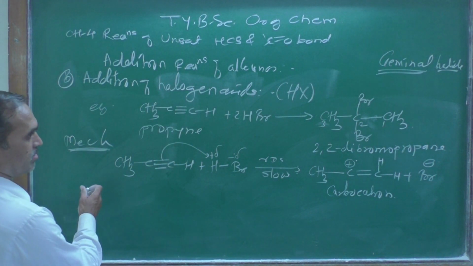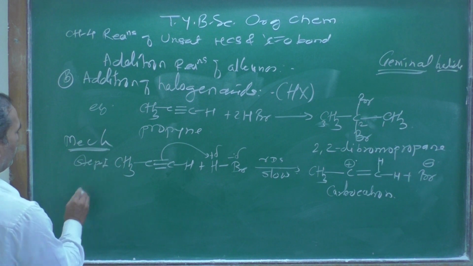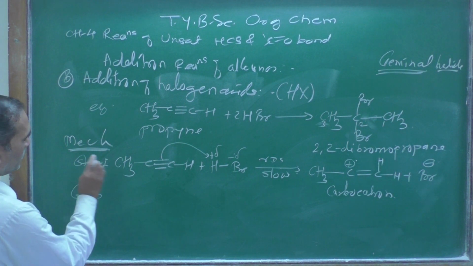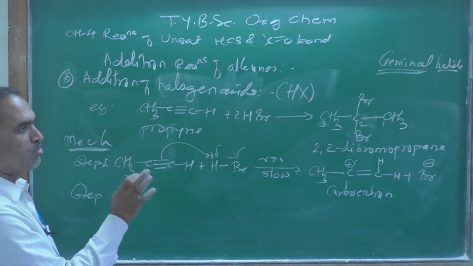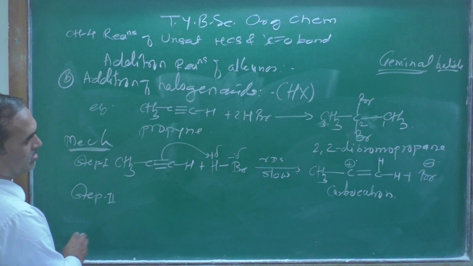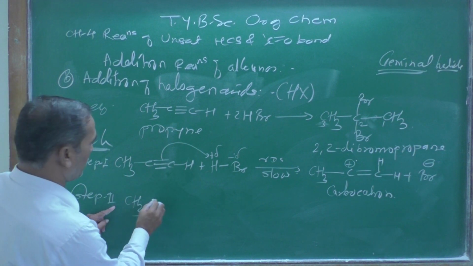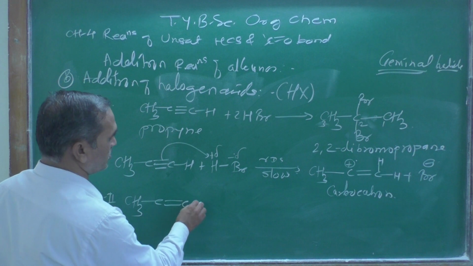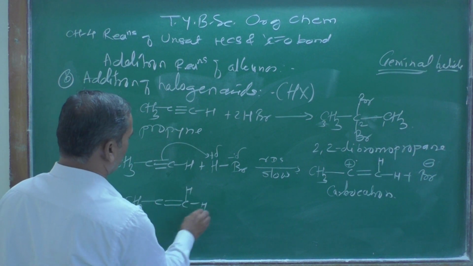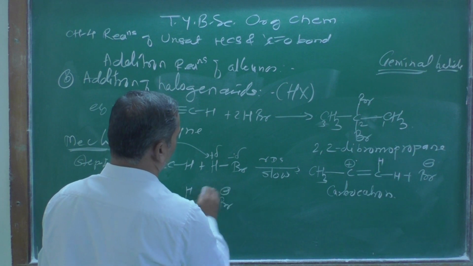Now you can call this step number first, because this mechanism involves two steps. And this is step number second. In step number second, what is happening here? CH3, then C double bond, CH, positive charge over there, then Br minus.